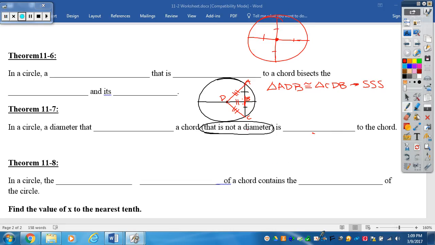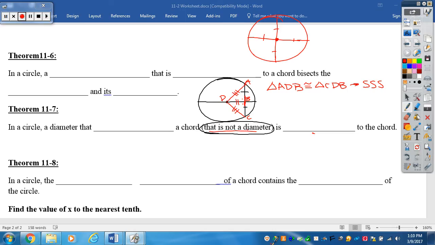Okay, but as we talked the other day, there's an infinite number of radii, an infinite number of diameters within a circle, and so as a result, your chances of getting that are very slim. Okay, and so that's why we say just to stay away from that. That is not a diameter. Okay.